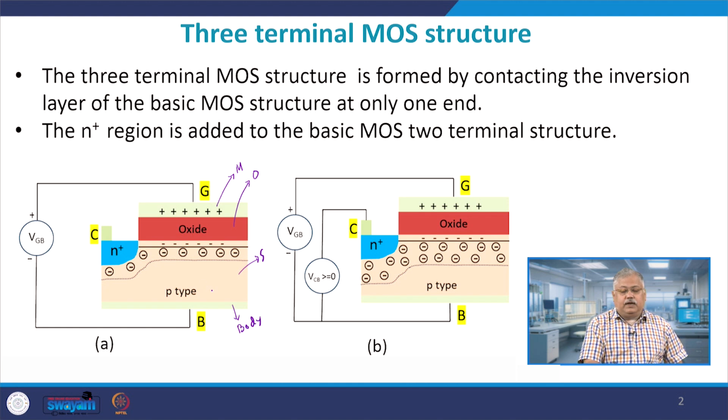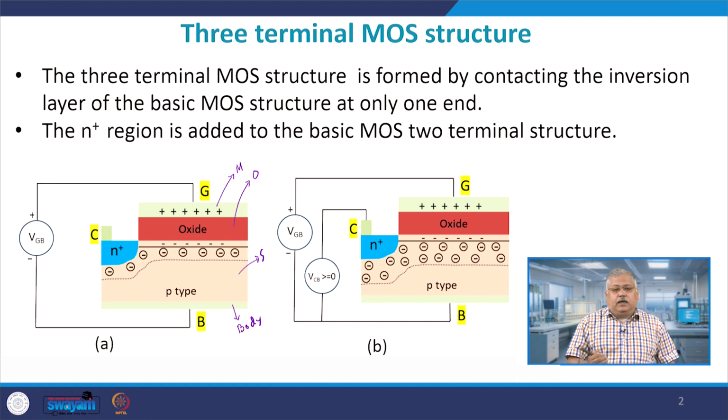Till now we were applying a gate to body bias and trying to figure out how the charges near the silicon dioxide interface would change with application of a reverse bias, a zero bias, a small forward bias and a large forward bias.